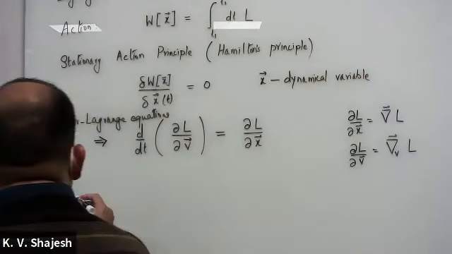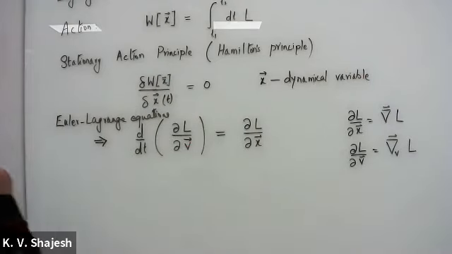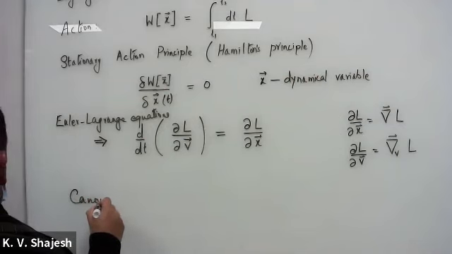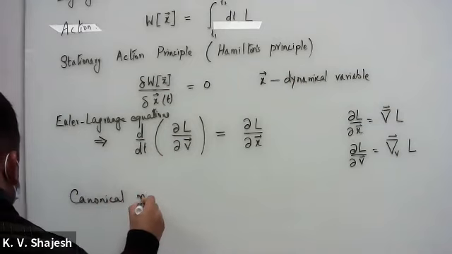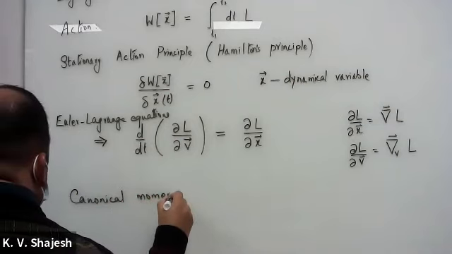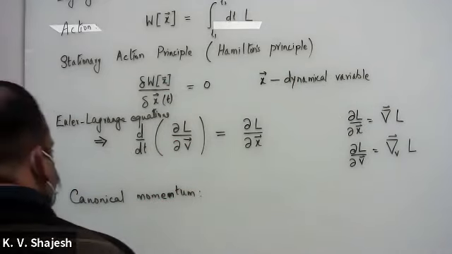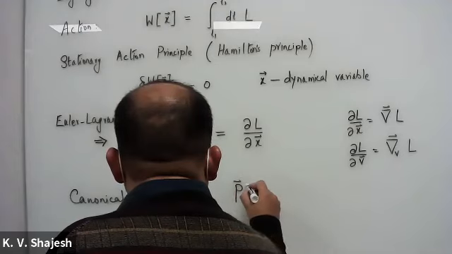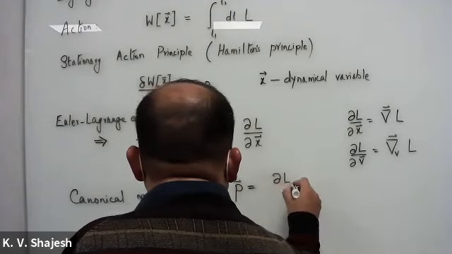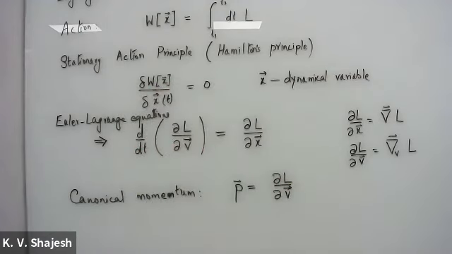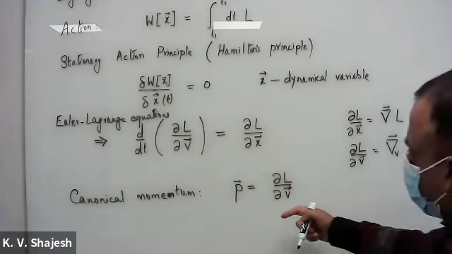And that's your summary. We will also define the partial of L with respect to velocity, which we'll call the canonical momentum, defined as P equal to the partial of L with respect to velocity.